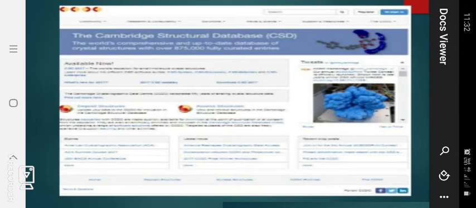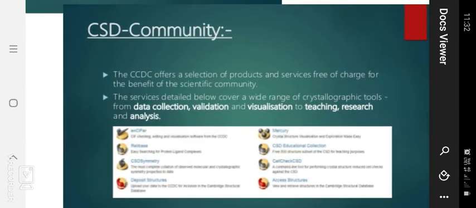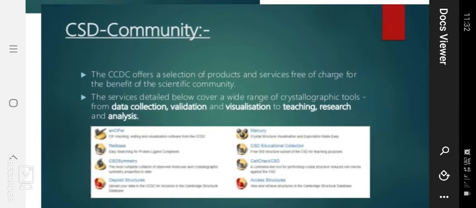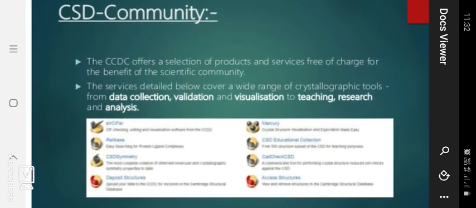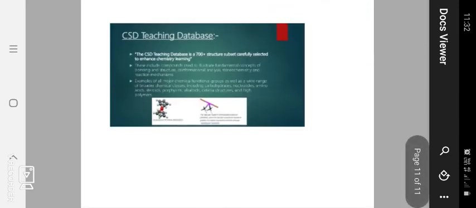After that, your research goes on with the data. Okay, the CSD community is also important for crystallographic tools, particularly data collection, validation and visualization, for teaching, research and analysis. These are all the analysis tools in the CSD.